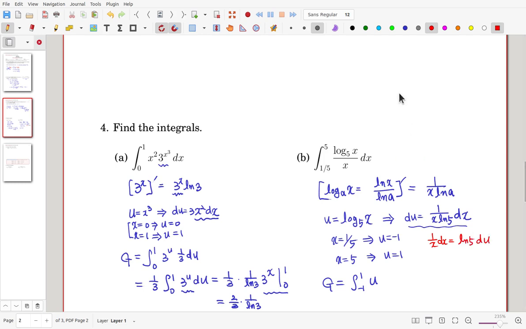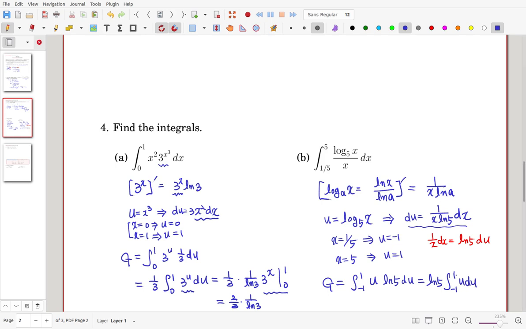So 1 over x dx is changed into that, and log 5 will go out, leaving the integral from -1 to 1 of u du.